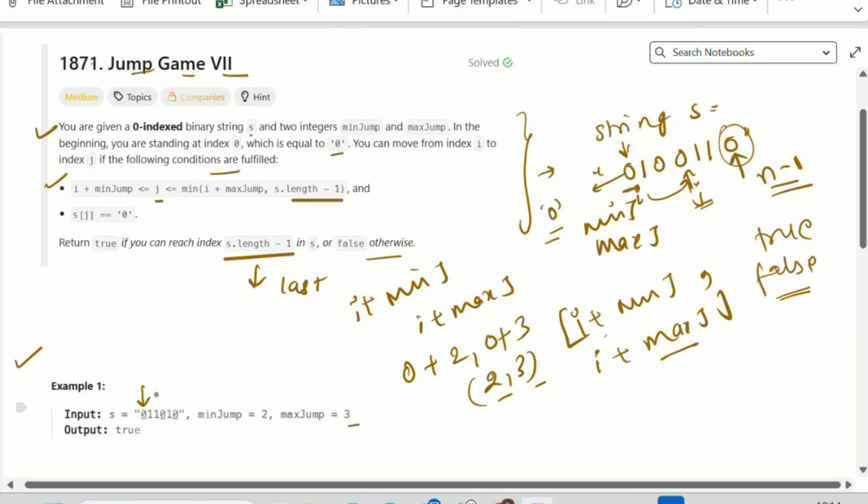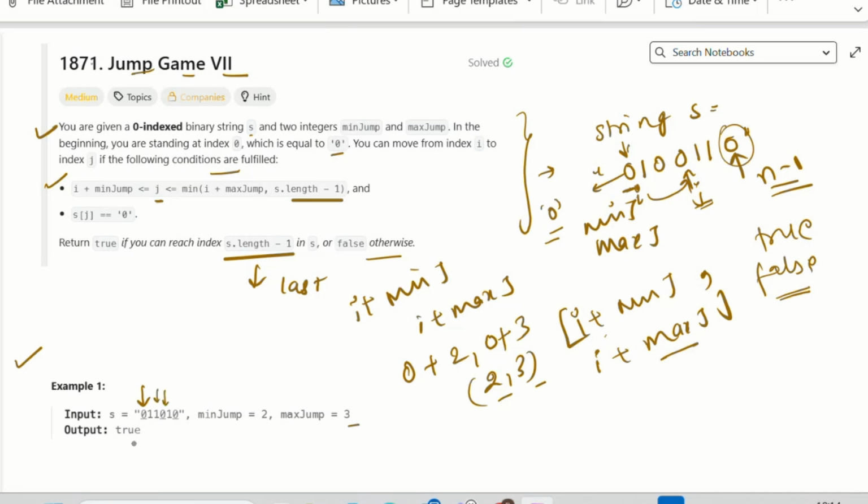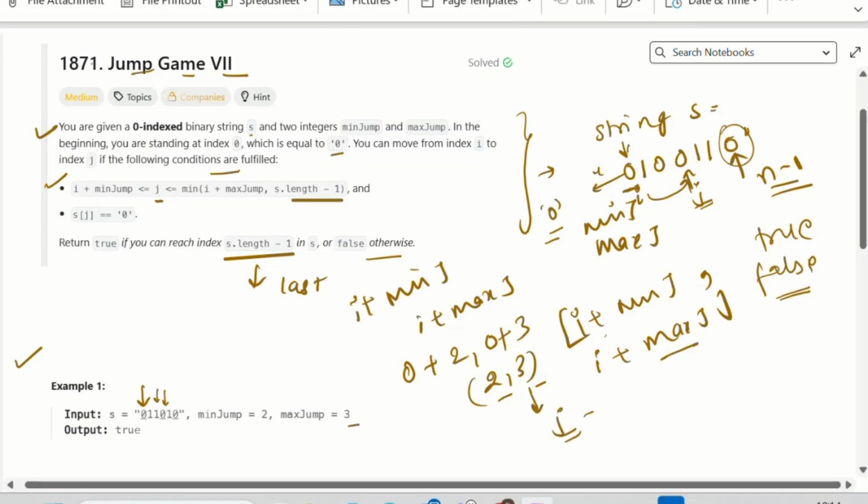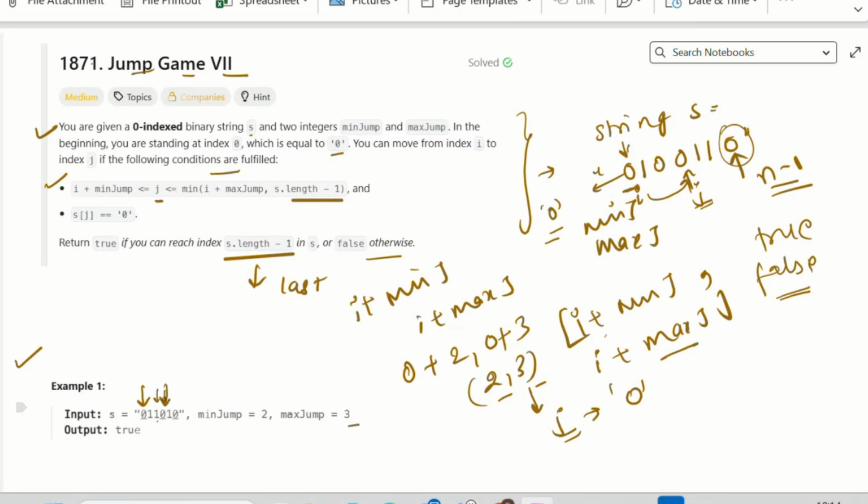This is the second index and this is the third index. We can jump only if that index's value is 0. This is 1, so we can't jump to the second index, but we can jump to the third index. So we are currently here at the third index.